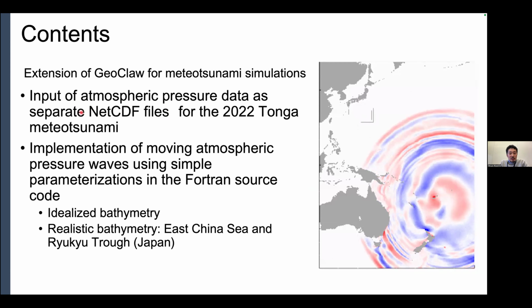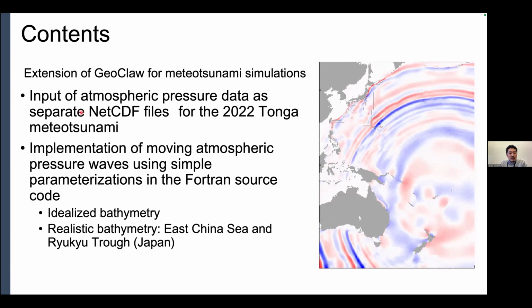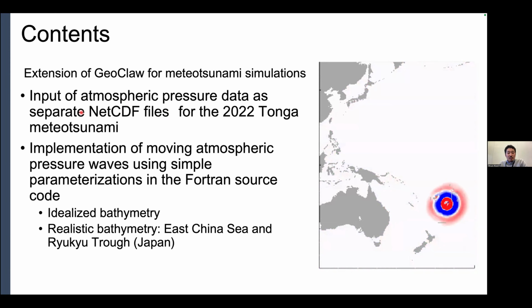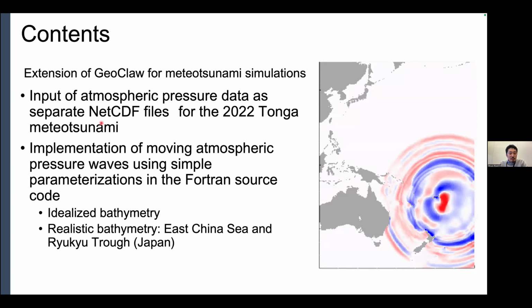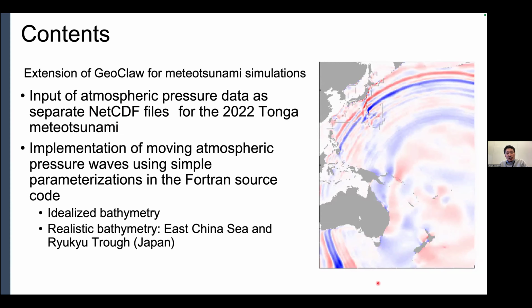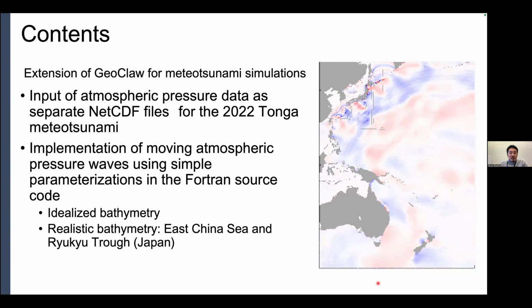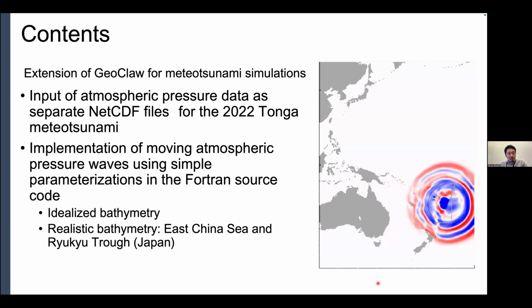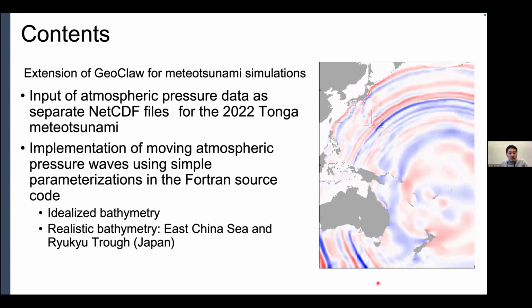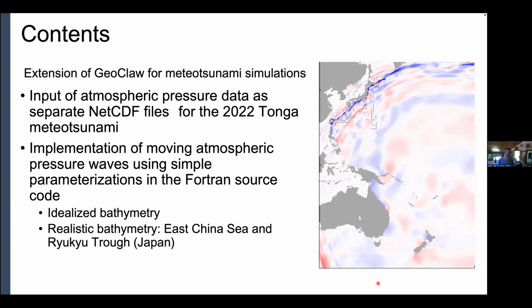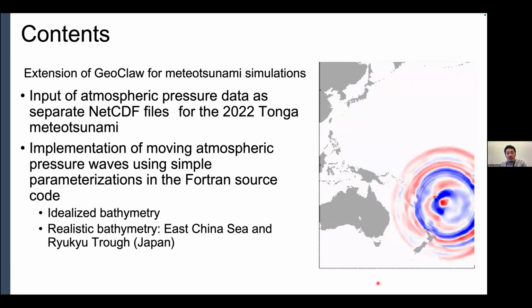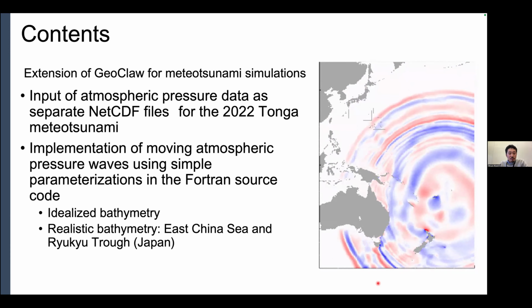First, using the Tonga event as an example, I will explain a case where the atmospheric pressure fields are provided as NetCDF files. This approach allows us to directly use atmospheric fields computed by meteorological or climate models in GeoClaw. Next, I will introduce an alternative approach where the atmospheric pressure field is defined directly within the source code instead of using external files.